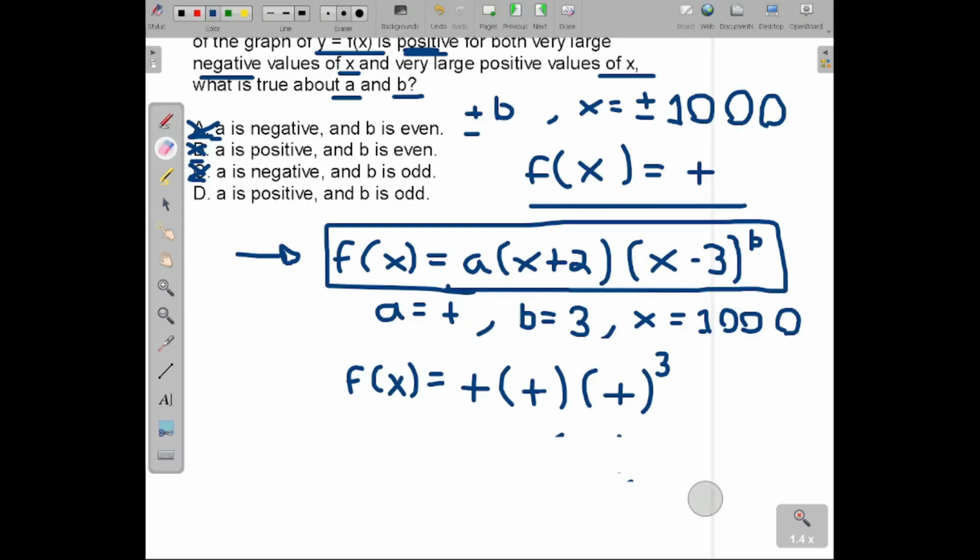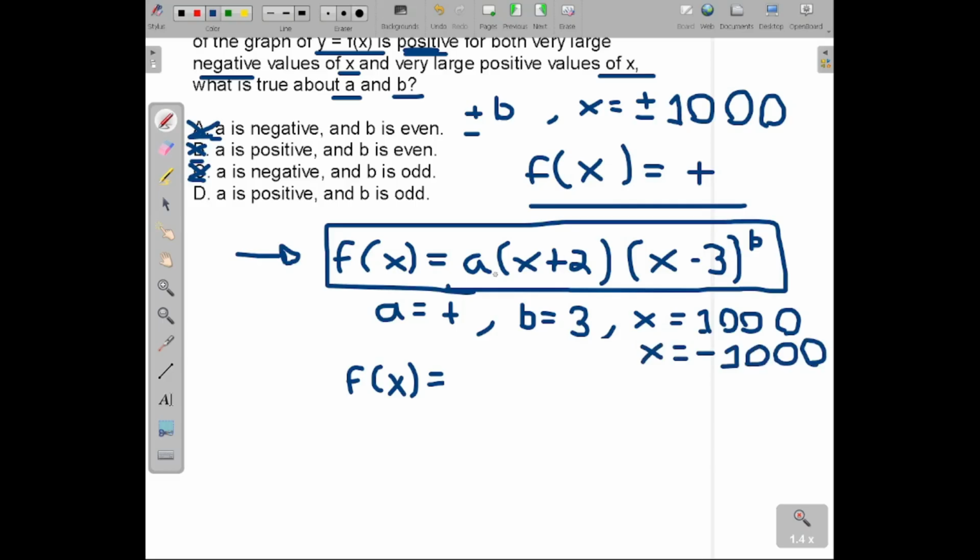But we still need to evaluate for the other value of x, which is negative. A is positive. X is negative. And b is to the cube. Positive times negative is negative.